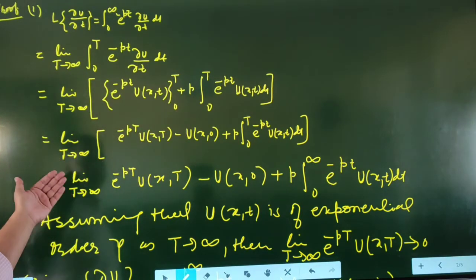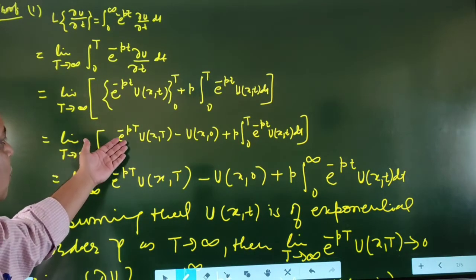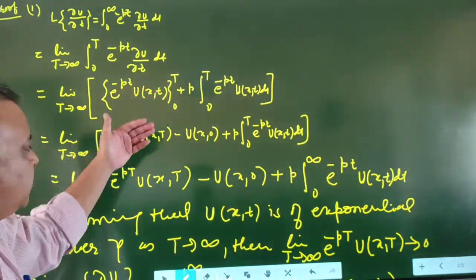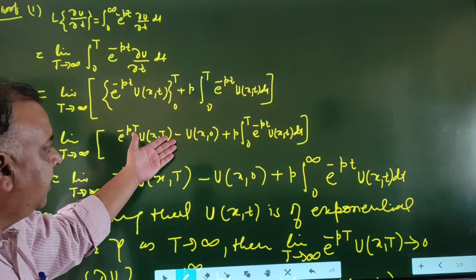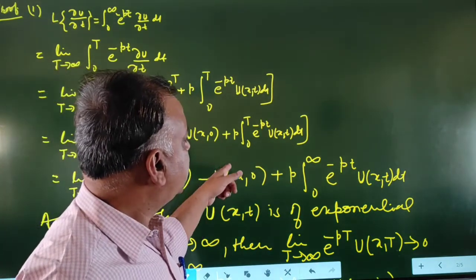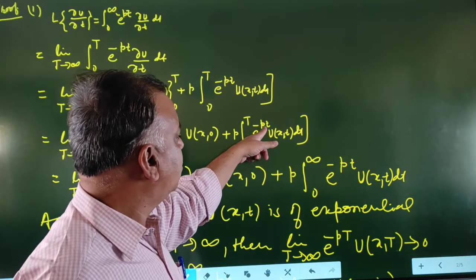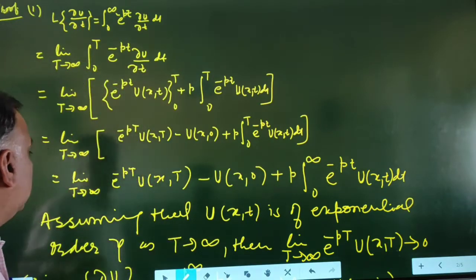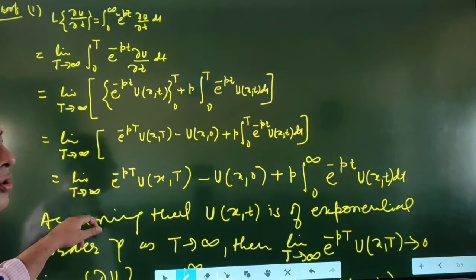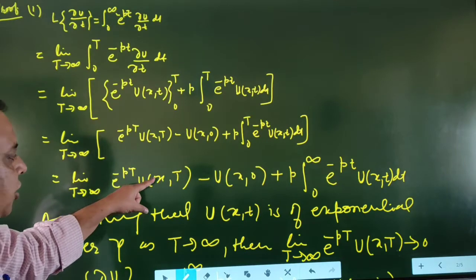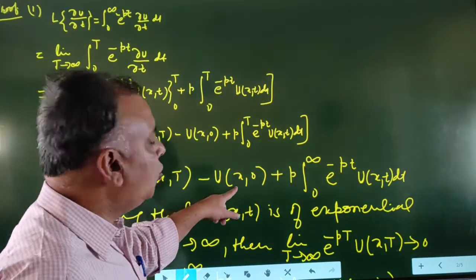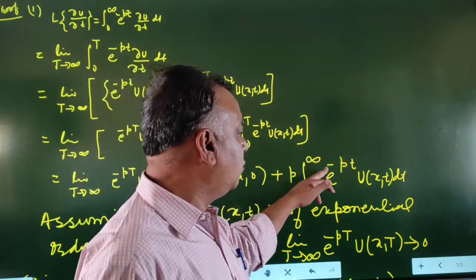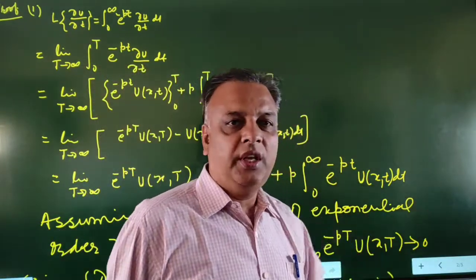Putting the values of t as capital T and 0, we get e raised to minus pT u(x,T) minus u(x,0), plus p times the integral from 0 to T of e raised to minus pt u(x,t) dt.